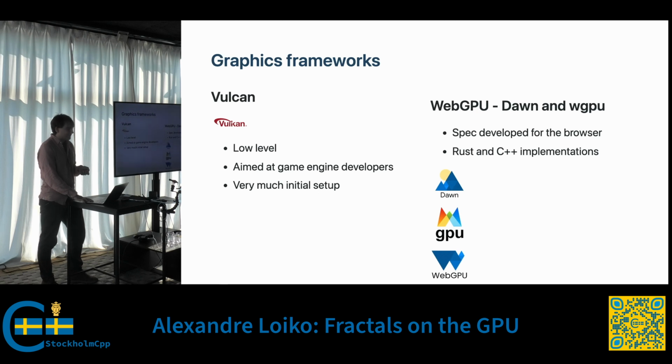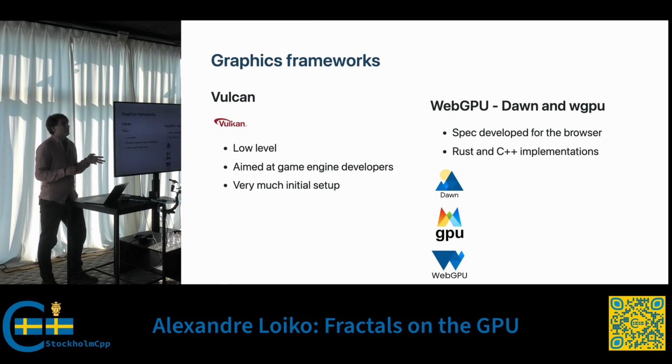And then I found WebGPU. WebGPU is a specification for a JavaScript API, which is available in most browsers. And there are two implementations of that. Google has developed Dawn, which is part of Chrome, and Mozilla has developed WGPU, which is part of Firefox.